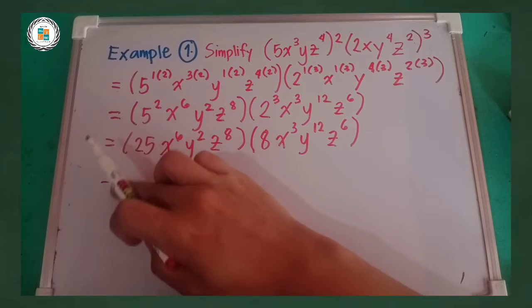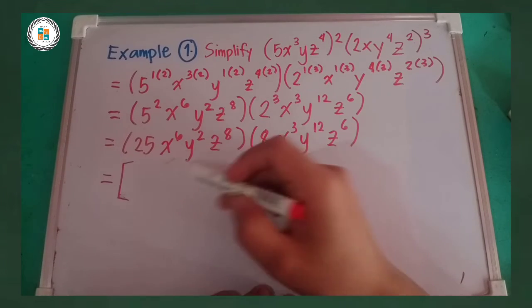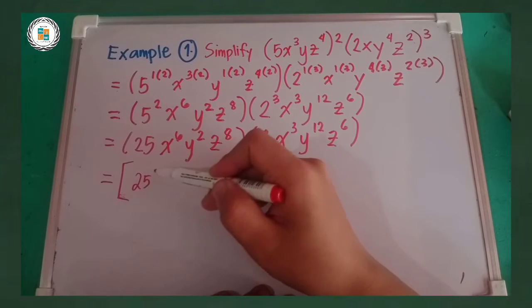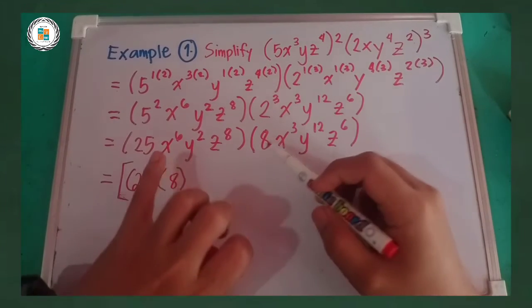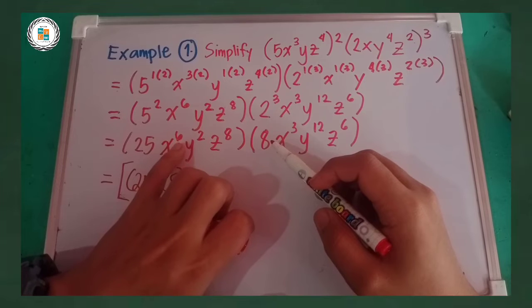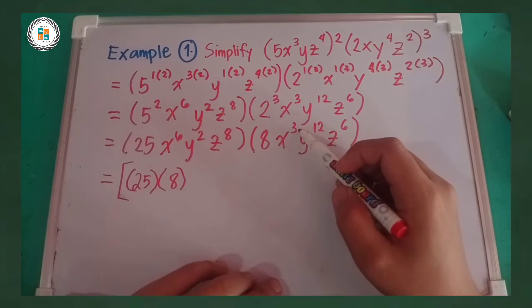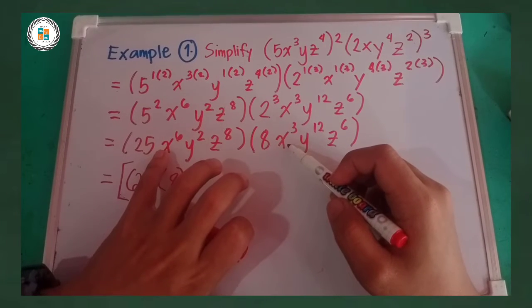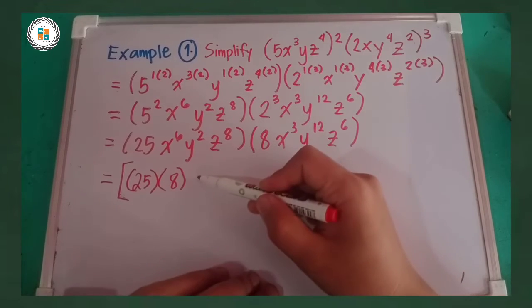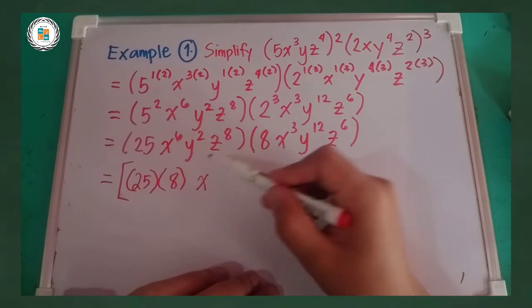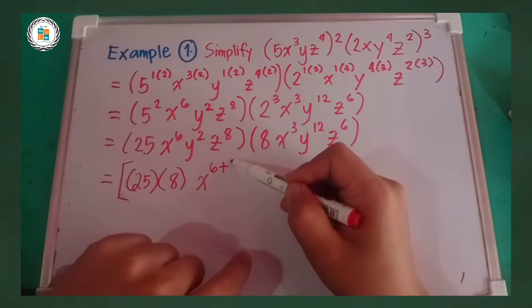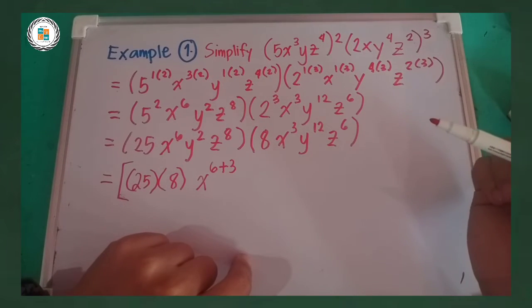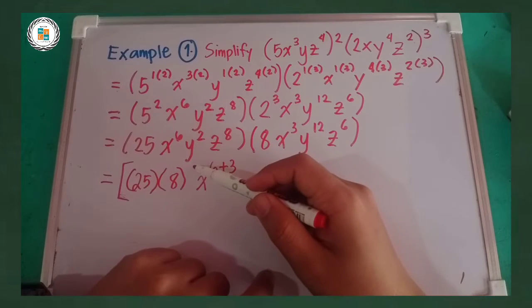We have 25 and 8. So 25 times 8. Then x to the power of 6 and x to the power of 3. They have the same base, so we copy the common base, then add their exponents. So we have 6 plus 3. Okay, are you following?